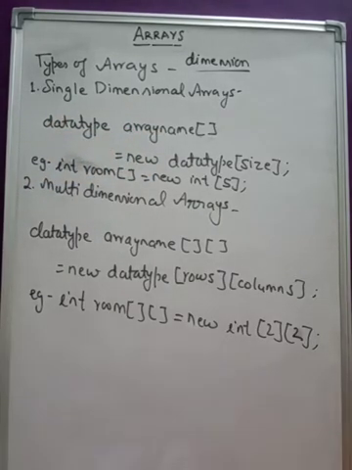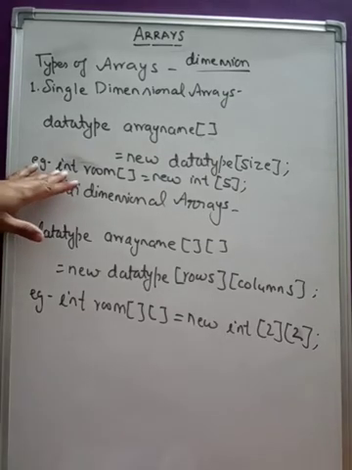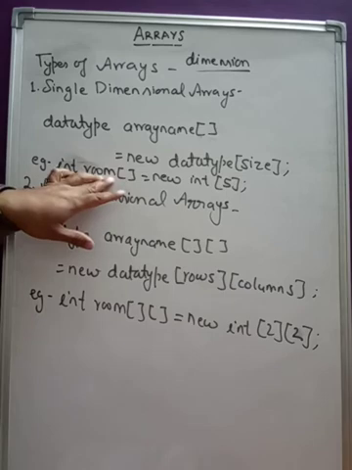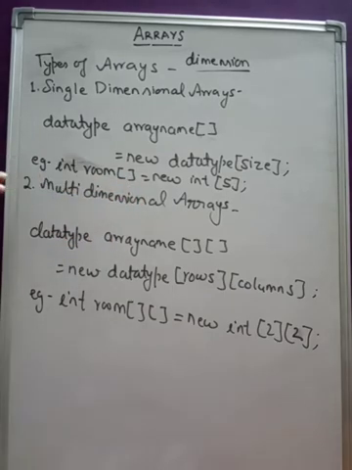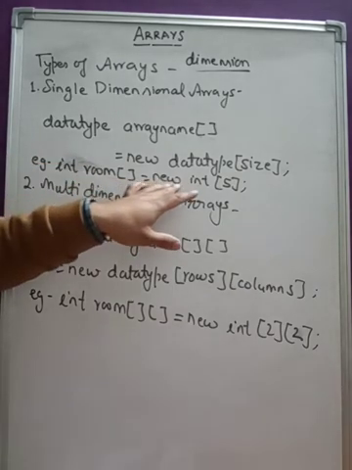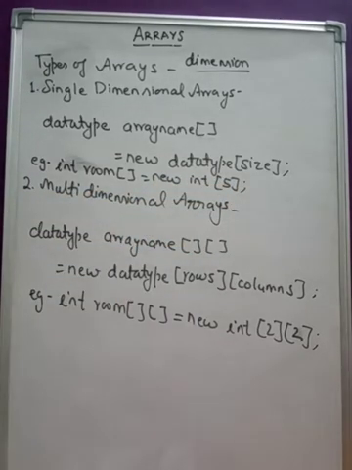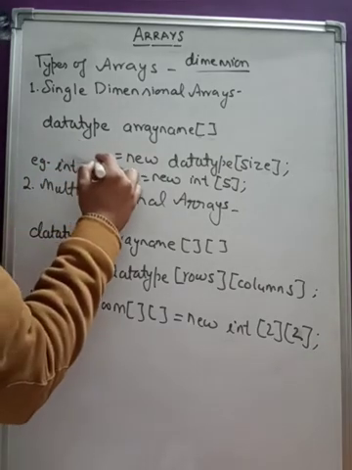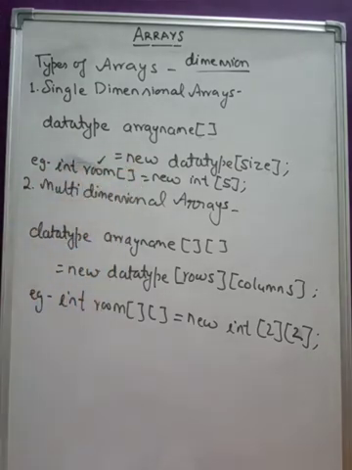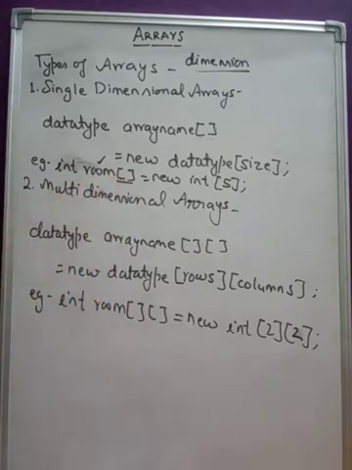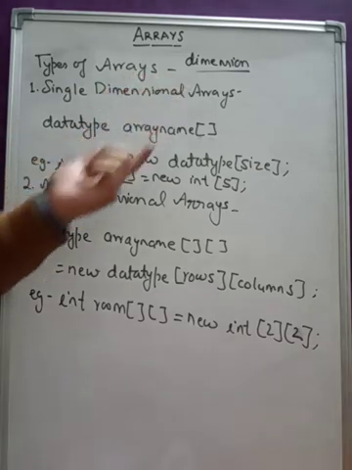For the example, you can see that first I have written int, the data type, then room, then the square bracket, and it is equal to new int 5. So we have defined an array, room, which is the name of the array, followed by the single square bracket that identifies it as a single dimensional array.